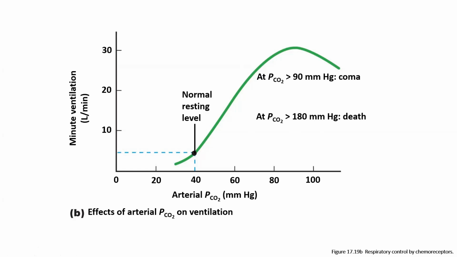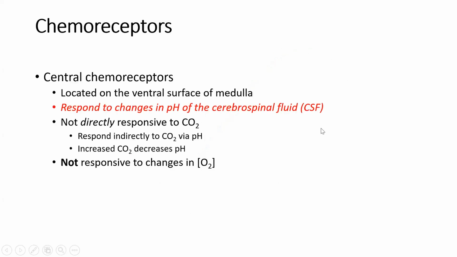And if you think about it, CO2 we spoke about can then dissociate into bicarbonate and hydrogen ions, which are acidic. And so having excess CO2 directly results in having excess acidity, which can denature neurons, denature proteins. It can just be a harsh environment for the brain and for other structures as well. And so the body's very sensitive to excess CO2 levels.